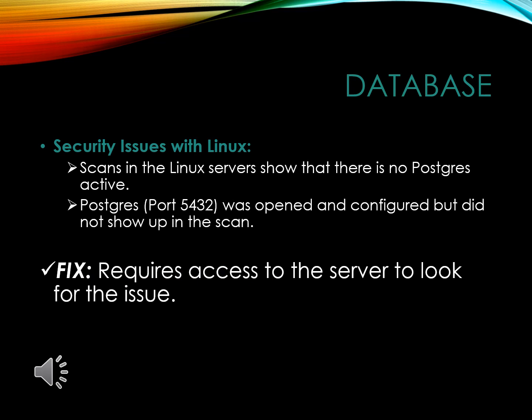Scans show that there is no Postgres database in the Linux server. Port 5432 was opened and configured, but did not show up in the scan. The best fix is to go into the server and look for the issue to try to fix it.